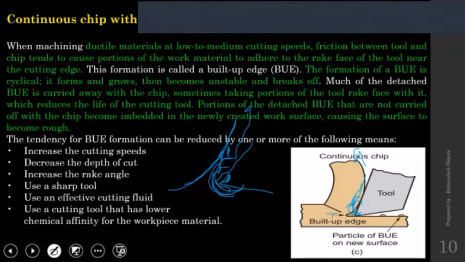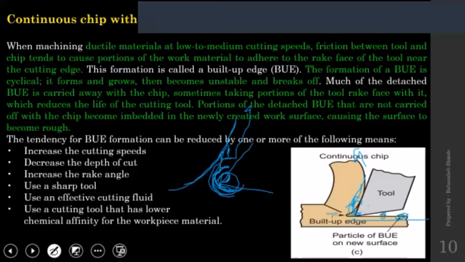Additionally, that piled up material sometimes starts depositing on the finished surface. There is a large amount of material that is being piled up, so some material stuck to the cutting tool will start depositing on the fresh workpiece surface also.